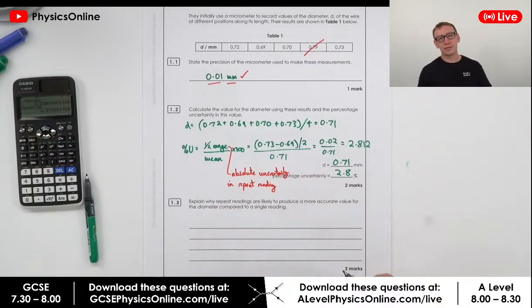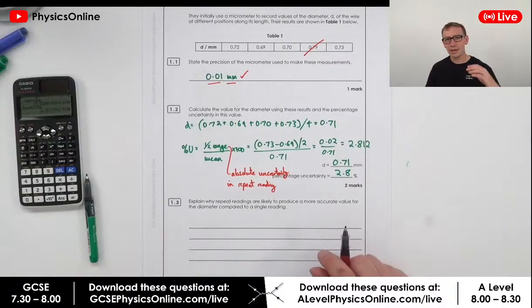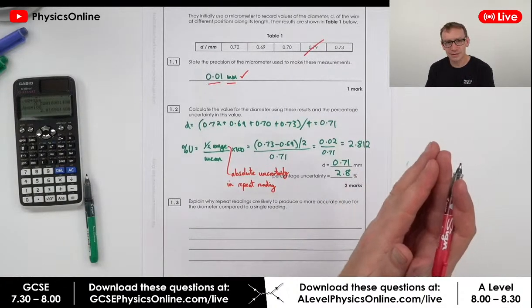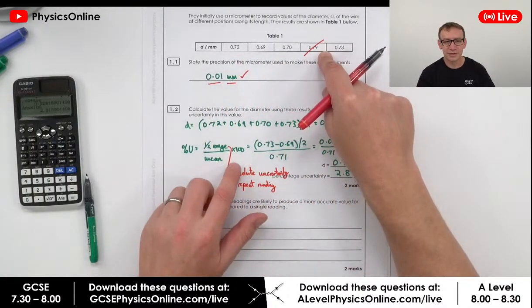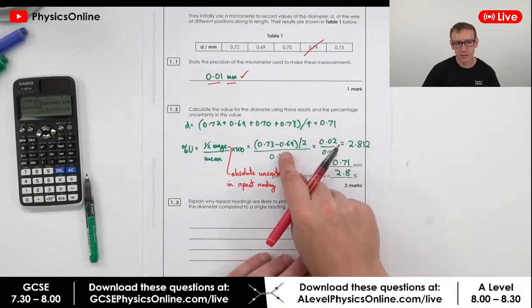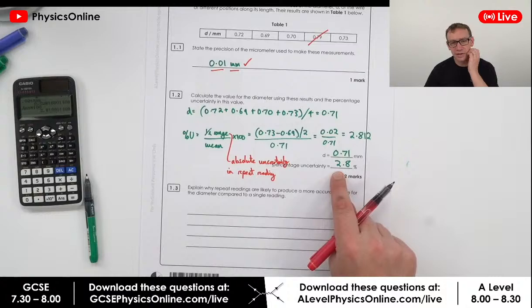Sometimes we might be looking at the precision of the measuring instrument, and that would be the absolute uncertainty in that measuring device, but because we have multiple readings, as we see up here, the absolute uncertainty is now equal to half the range. So half the range divided by the mean value times 100 gives a percentage uncertainty of 2.8%.